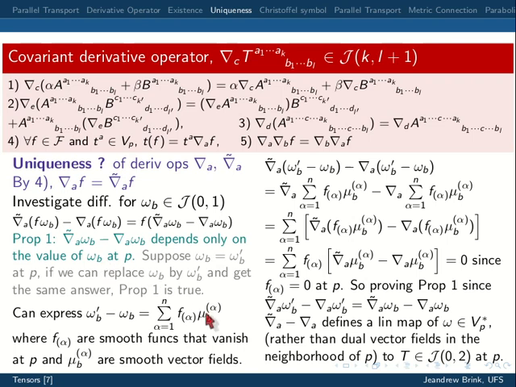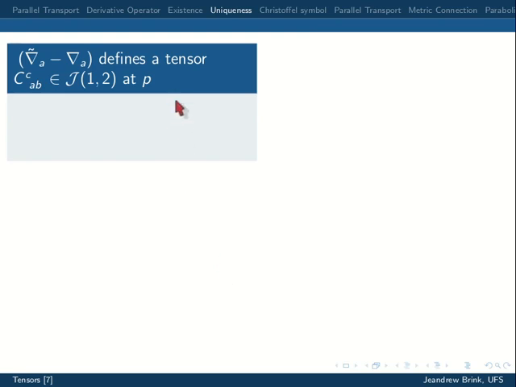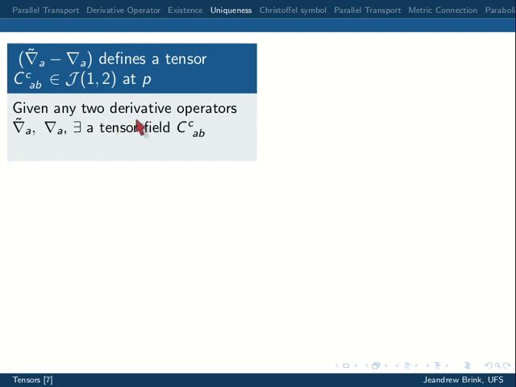Okay, and so then we went on further, and we basically said that the difference between 2 derivative operators can be summarized in terms of a tensor field that we called C with 3 indices, 1 up and 2 down, in the following way.